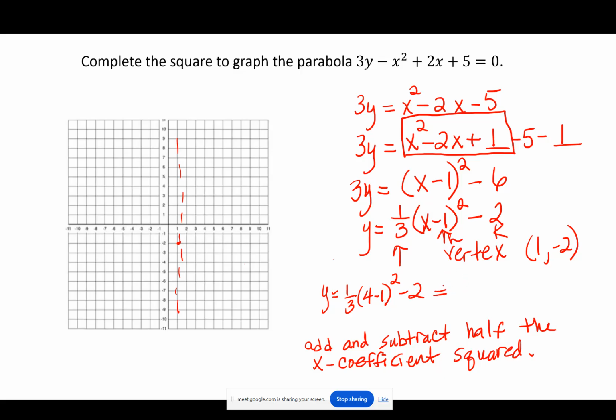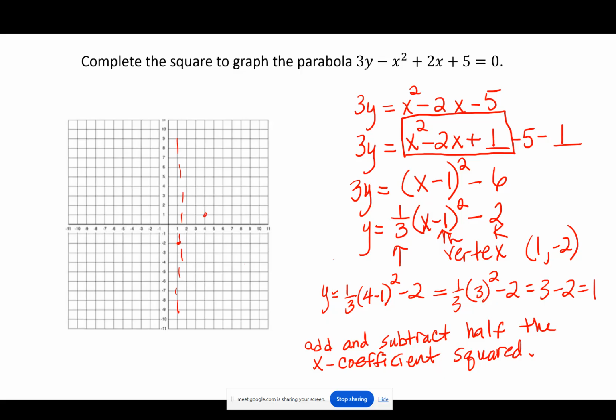And that is going to be 1/3 times 3 squared minus 2. And that is 1/3 times 9, which is 3, minus 2, is 1. So the point (4, 1) is on this parabola.